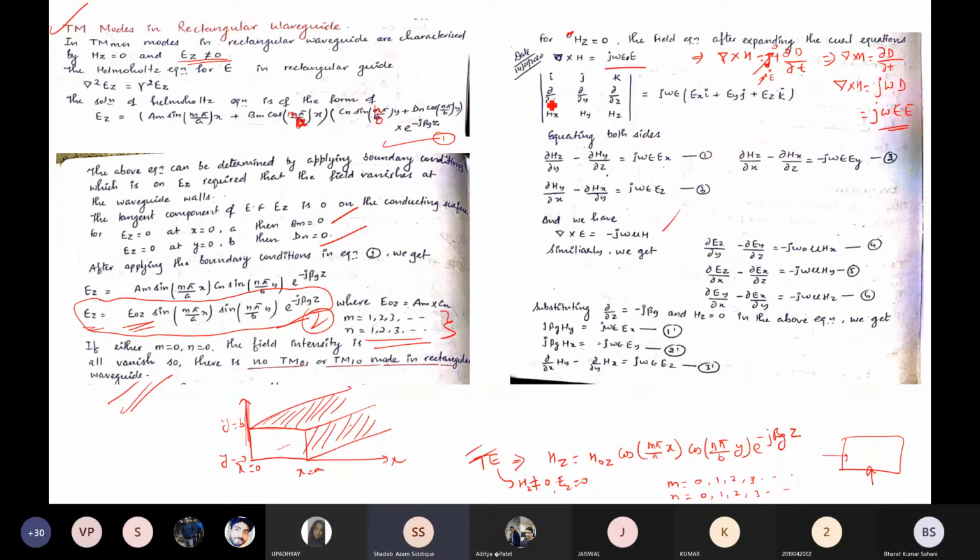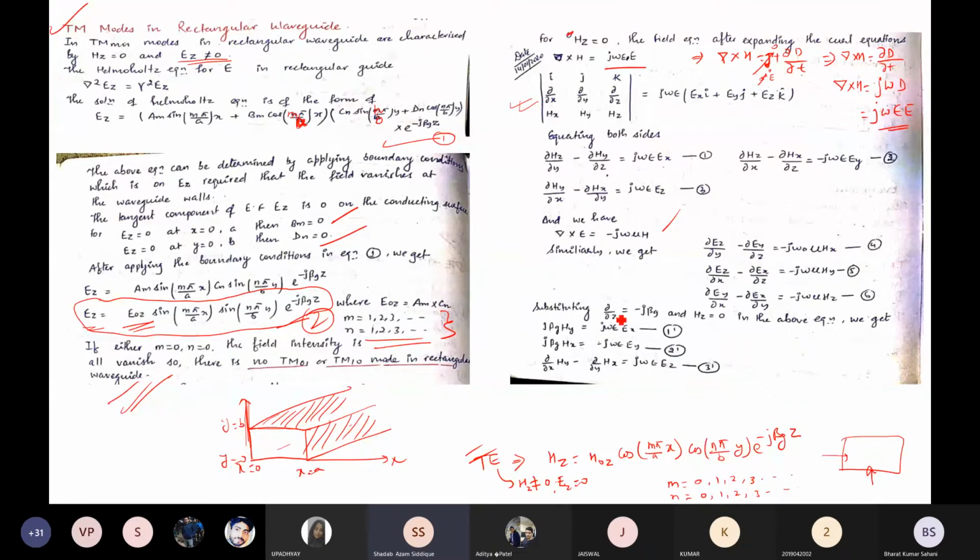If you proceed with a similar matrix form, you will get the same 3 equations. Take the total 6 equations and substitute Hz is equal to 0 and Ez not equal to 0. So Hz equal to 0, and we have del upon del z, which is equal to minus j beta g.